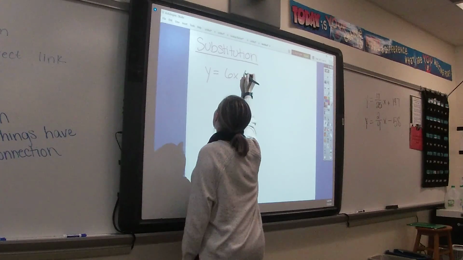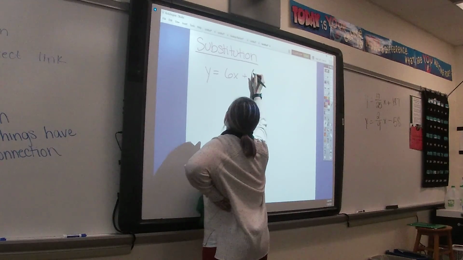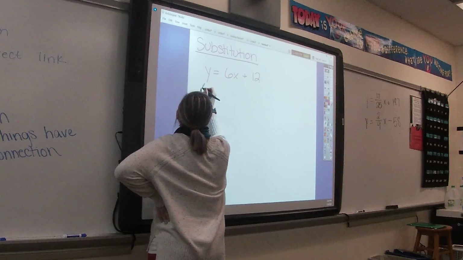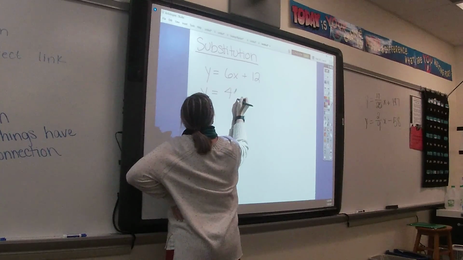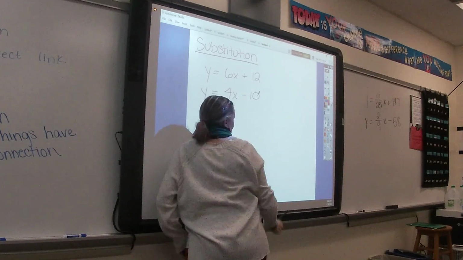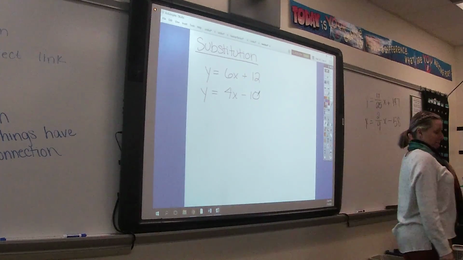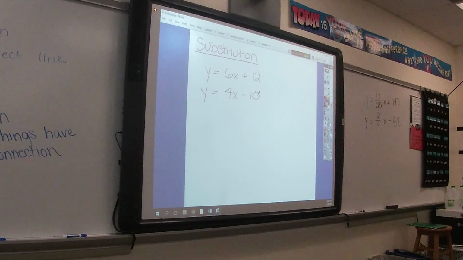Okay, so let's say we have y equals 6x plus 12 and y equals 4x minus 10. Is this a system? Yes. How do we know it's a system? What did we say made something a system of equations?